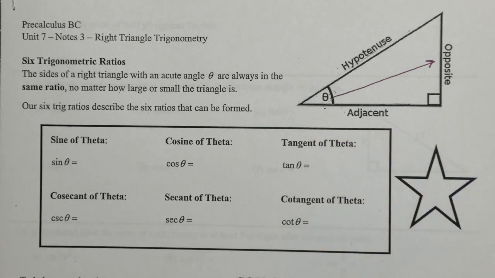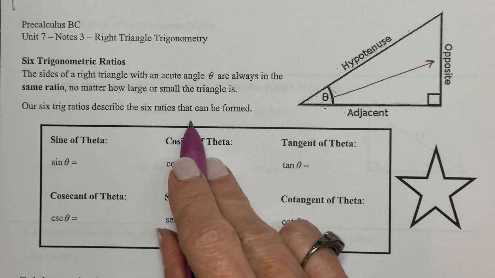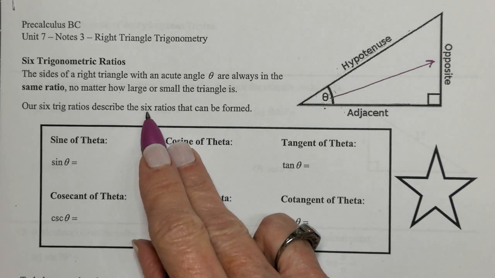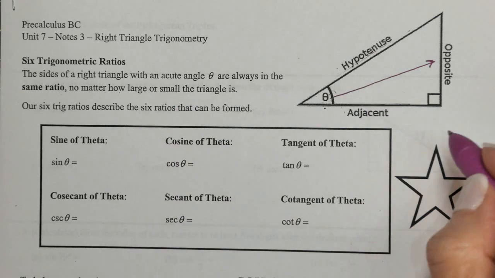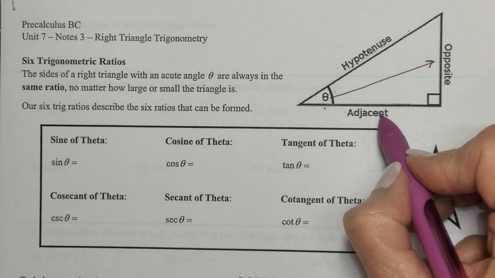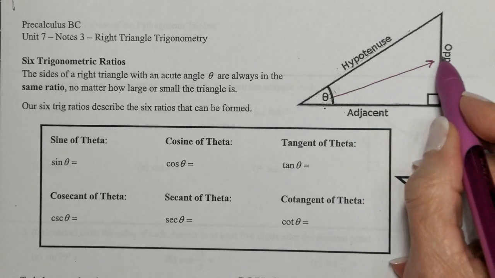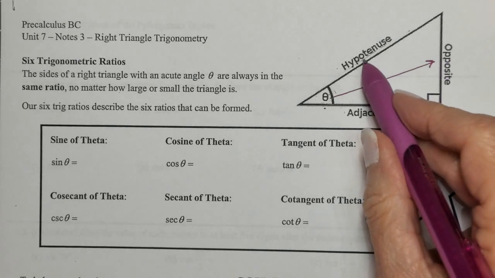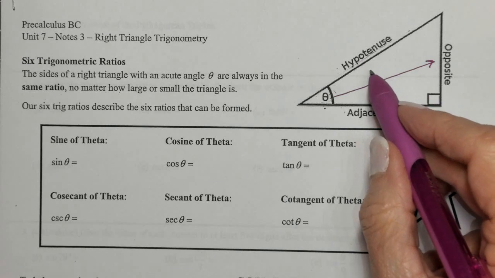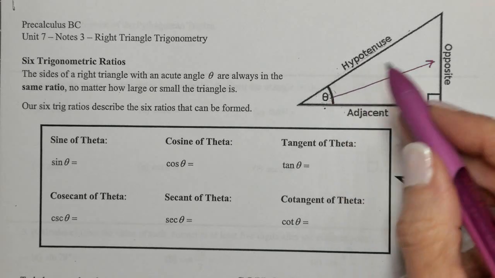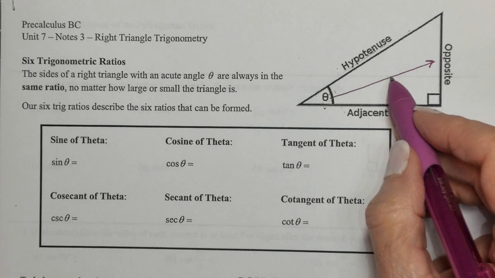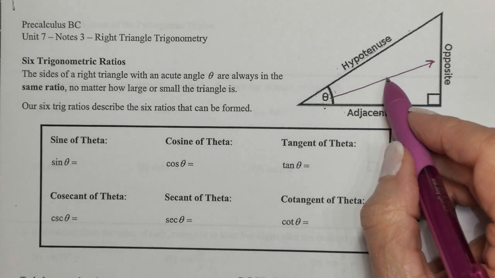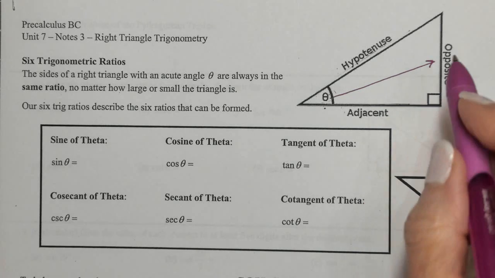So the ratios: opposite over adjacent, hypotenuse over opposite, adjacent over hypotenuse, those are the same. The ratios are the same no matter how large or how small this triangle is.